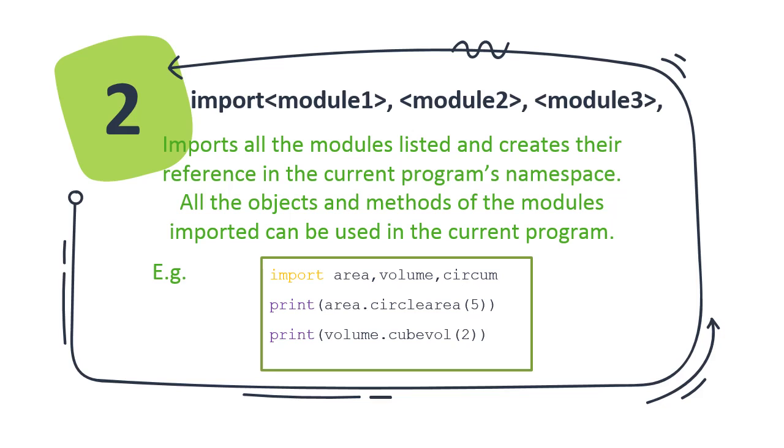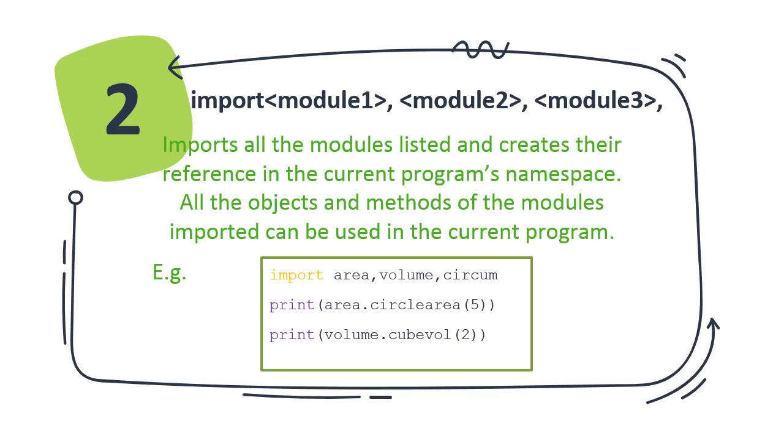These are 3 modules used to find the area of different shapes, then volume of different shapes, then circumferences of different shapes. In the next statement you can see area dot circle area of 5. From the first module we have imported the circle area method, a function to calculate the area of a circle.